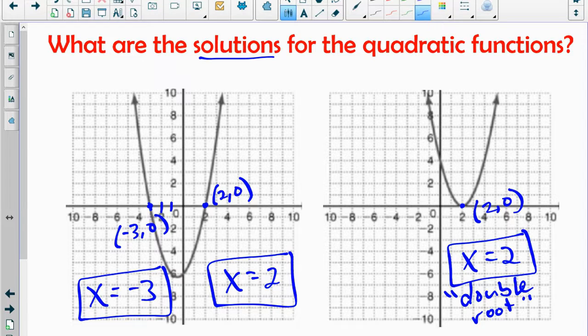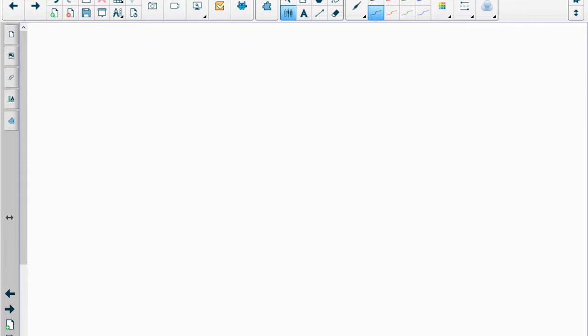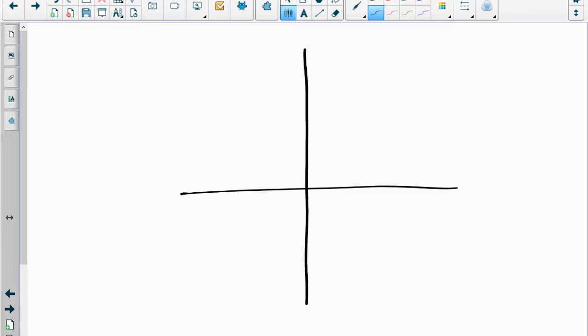Okay, so just to give you a little idea for how that works. Usually it crosses twice, but if the parabola comes down and touches it only at one point, it's considered a double root. It's like x equals 2 twice. Now let me add one more example here, where you might have your graph and a parabola like that.